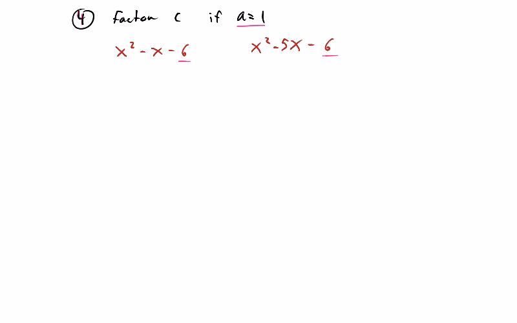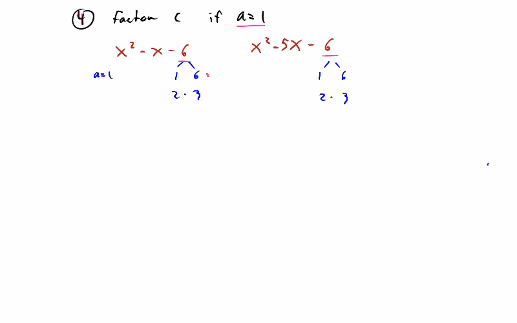So what we would look for in this case is we would factor the c. The coefficient for a equals 1, so it doesn't factor down. So we could factor the final term into a 1 and a 6, or a 2 times a 3. Same thing over here, 1 times 6, or 2 times 3. Let me step back for a second.